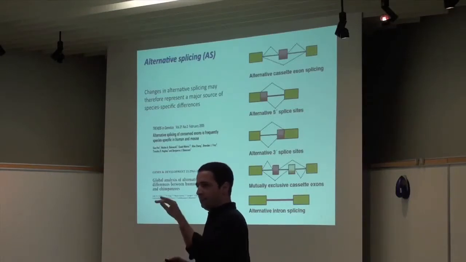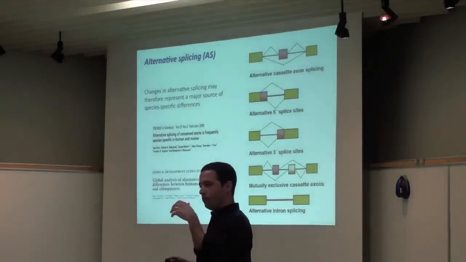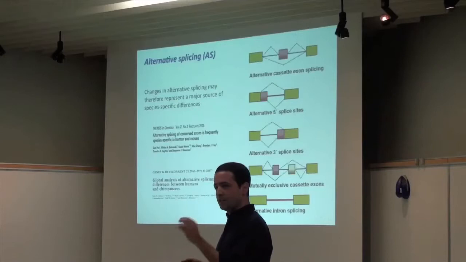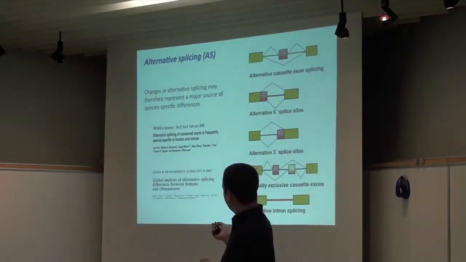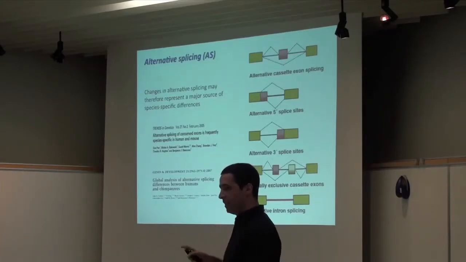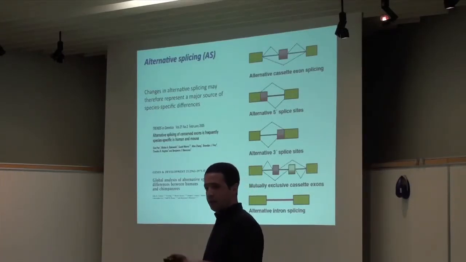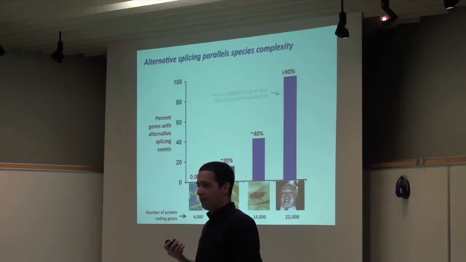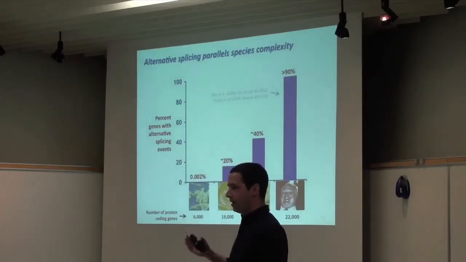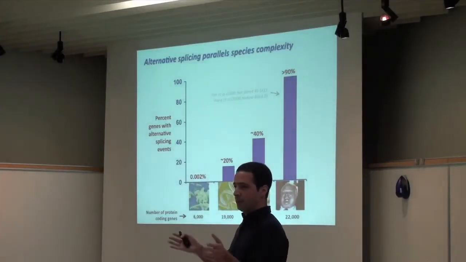So the way genes are alternatively spliced seems to be a species-specific thing. We made this observation by comparing both human and mouse, and actually human and chimp, which are quite close in evolution.